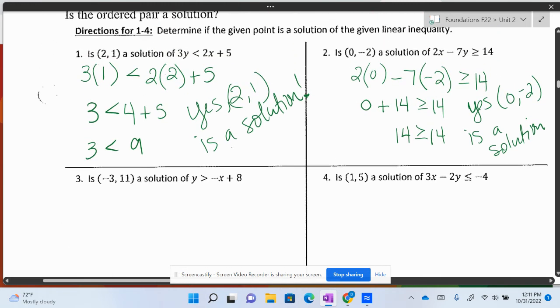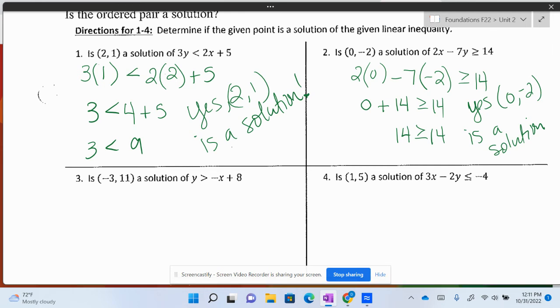I'm going to freeze it. If your last name starts with A through, what's the middle of the alphabet? Like L or M? M. Okay, A through M does number 3, and N through Z does number 4.